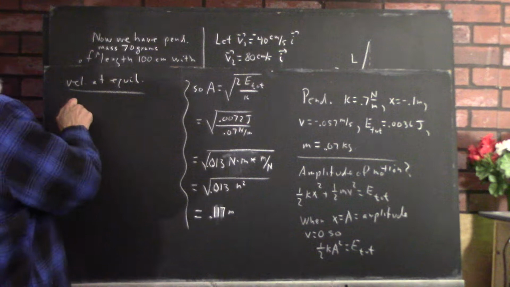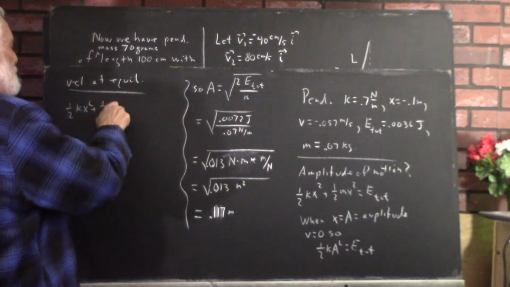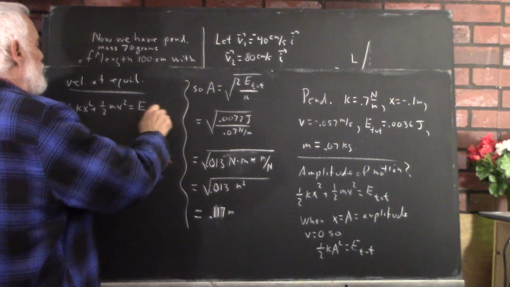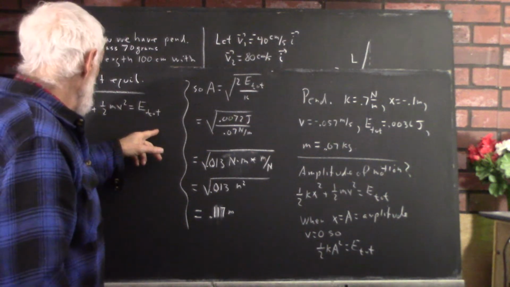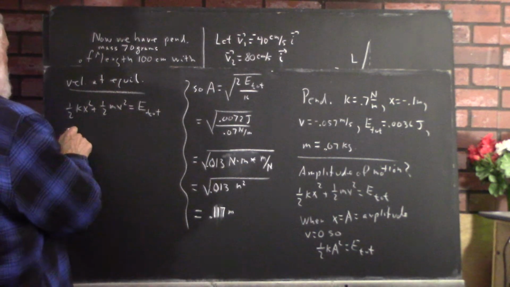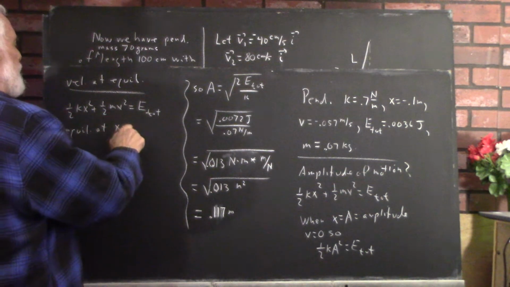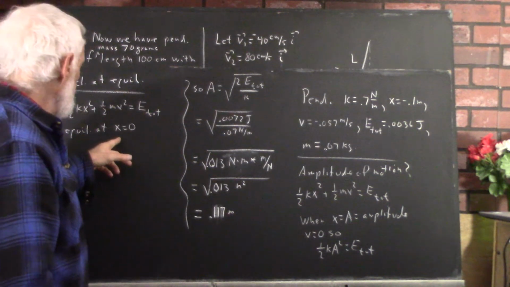Well, again, writing out more than probably necessary. But right there is again what we mean by the total energy. Equilibrium is measured, equilibrium is the x equals 0 position.